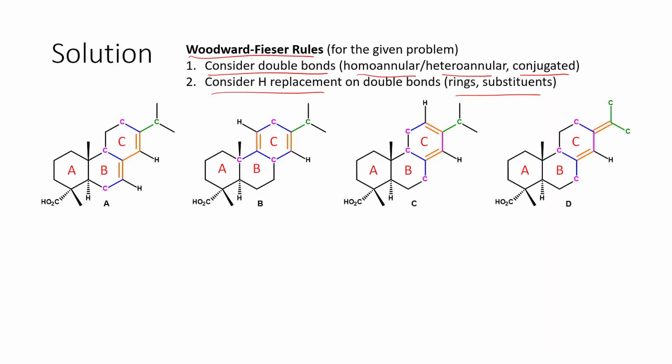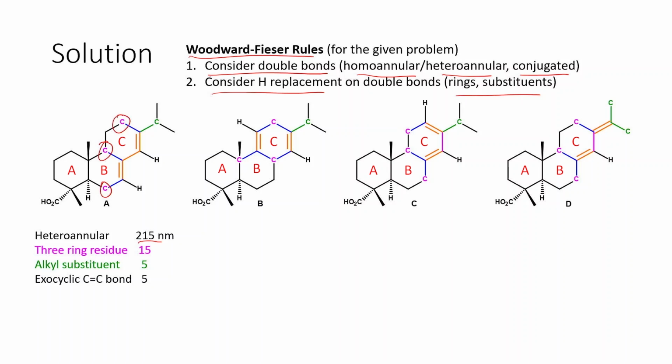So let us look at all the 4 cases, A, B, C, D. In structure A, the double bonds are in 2 different rings, so this is called a heteroannular double bond. The base value for this kind of double bond is 215 nanometers. There are 3 ring residues shown in pink, these 3 carbons being part of the ring system. Each of them contributes 5, so 3 into 5, 15 nanometers.